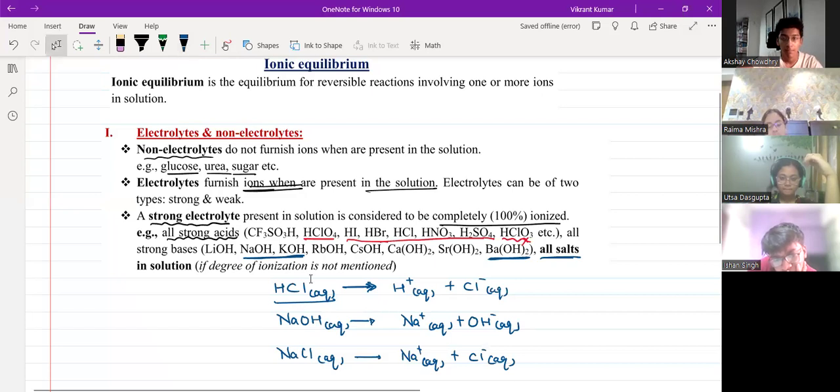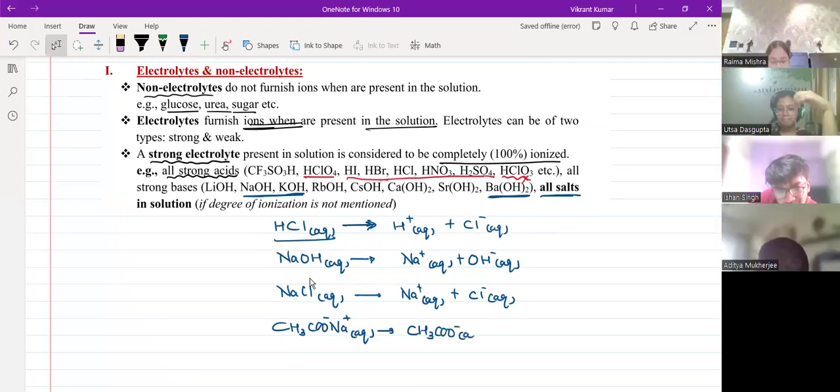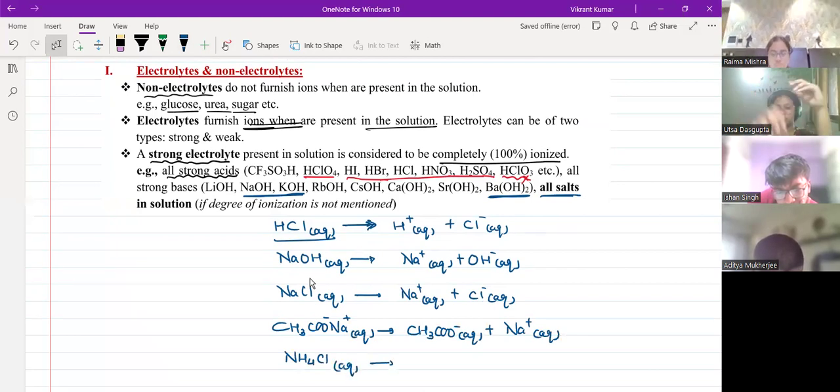Similarly, I can take any salt, like if I give you CH3COONa, it is actually CH3COO- Na+. Then it will be giving you CH3COO-(aq), acetate ion, plus sodium ion, Na+(aq). Similarly, if I give you NH4Cl, again this is a salt, and this will be giving you NH4+ in solution.